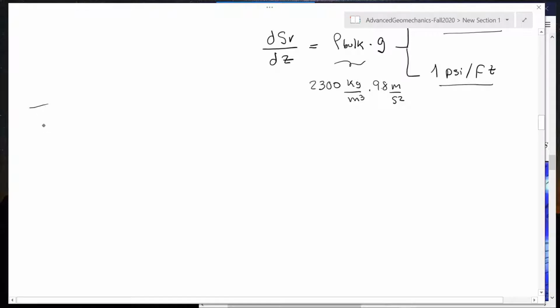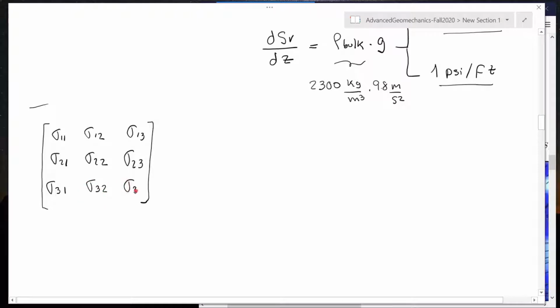Any tensor with diagonal and off-diagonal terms, like the one I'm writing right now, is going to have a set of principal stresses. Those principal stresses can be found mathematically by calculating the eigenvalues of the matrix.